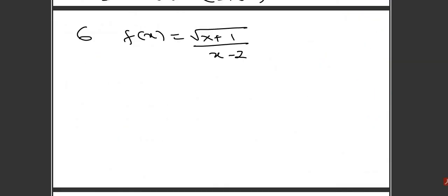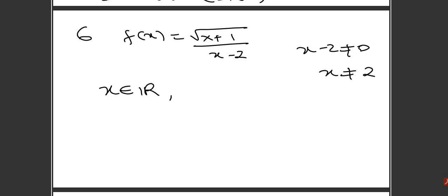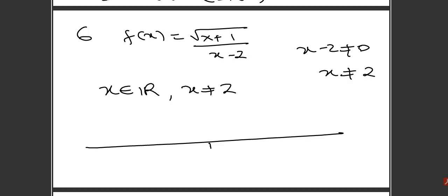So first of all, we'll say all numbers are allowed but not 2, right? Any real number is permitted, but x minus 2 should never be equal to 0. And if you solve this, we'll get 2. So meaning, on the number line, x should not be equal to 2. We're just saying at 2, there's a hole there. That's basically what we're saying.